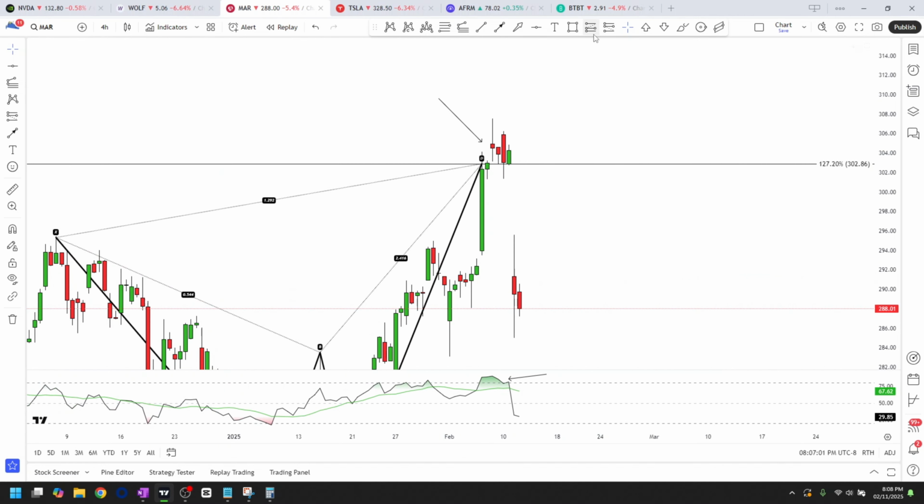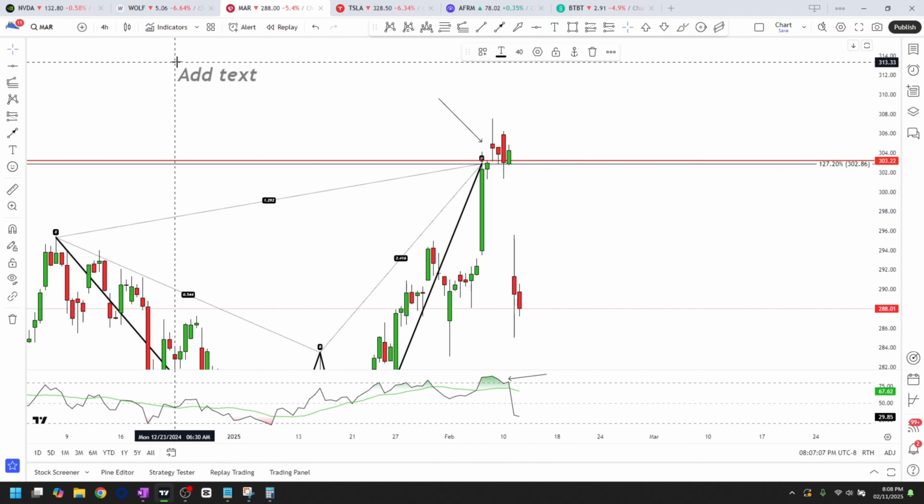So remember, it's the same concept: one, get the price of the completing candle; two, get the ATR of the entry candle.